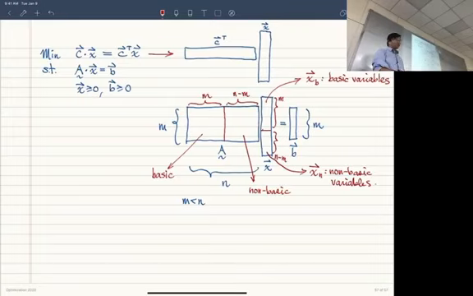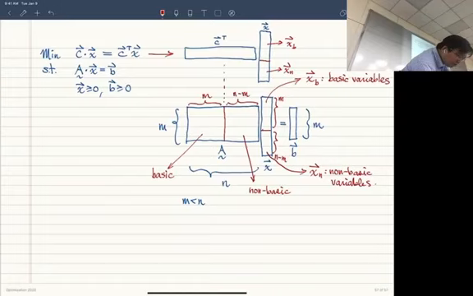Okay? So now you only need to know we try to separate those coefficients into two groups. Also, we separate the variables into two groups. Since we do that, we should have a bunch of XB here, and XN here. So similarly, we have CB and CN.